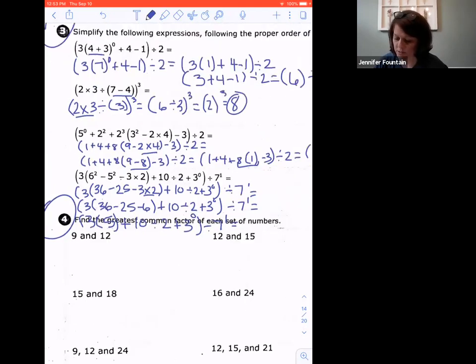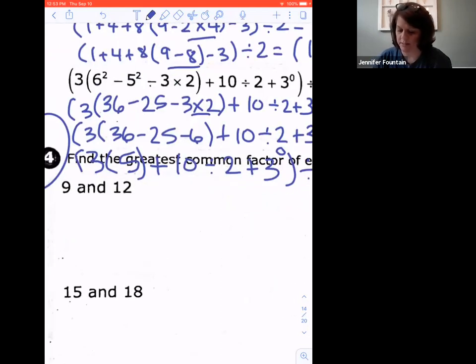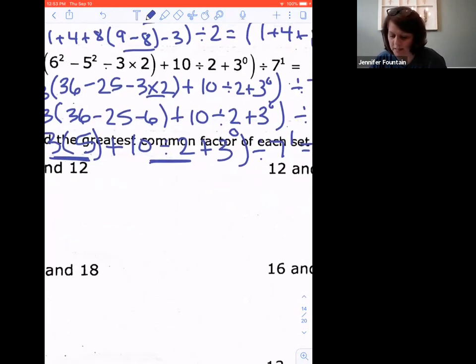I'll write this over here so I can see it. So let's see. So when I was here, you can see I've got multiplication and I've got division, but I'm going to do it in order from left to right. So I'm going to start with that 3 times 5 is 15.